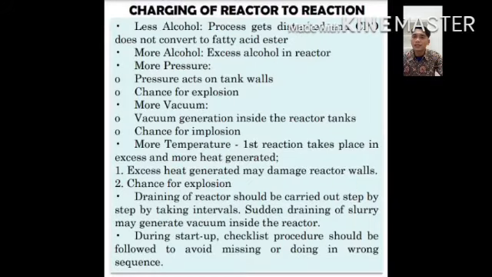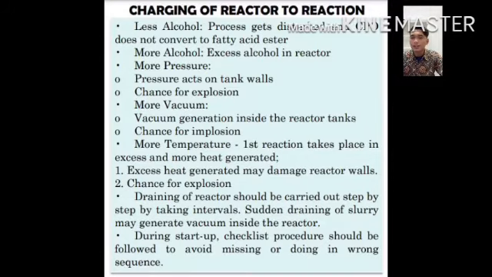For the charging reactor to reaction, first, with less alcohol the process gets disturbed and CPO does not convert to fatty acid ester. More alcohol, excess alcohol in the reactor, means more pressure on the tank wall, a chance for explosion.